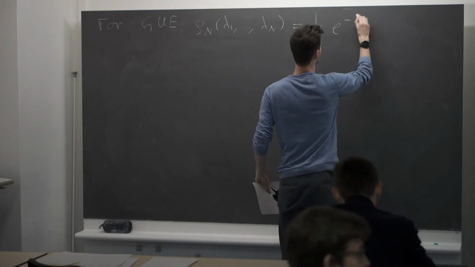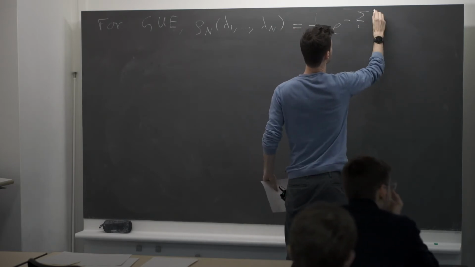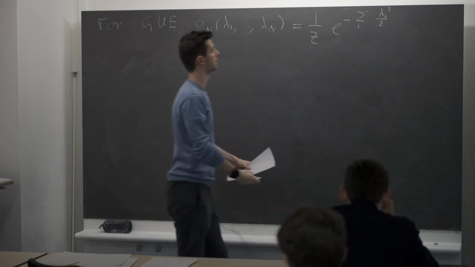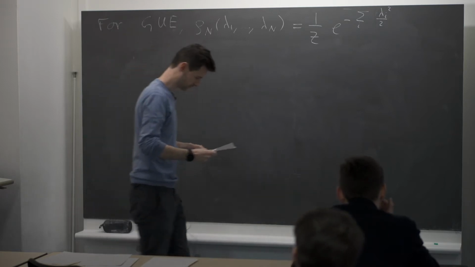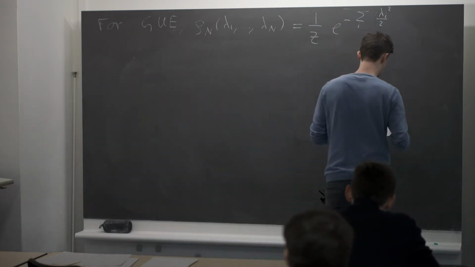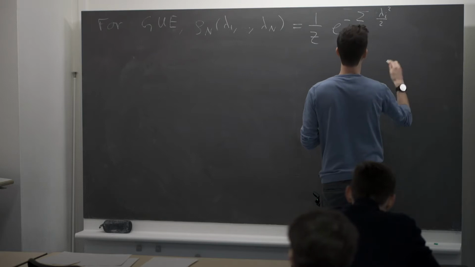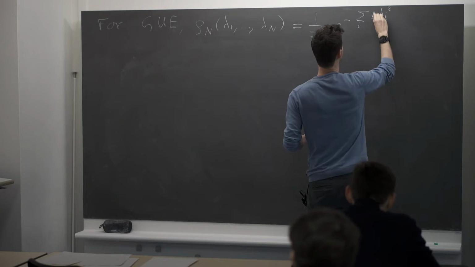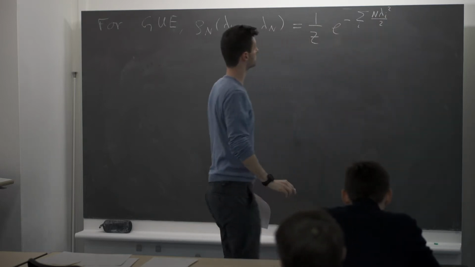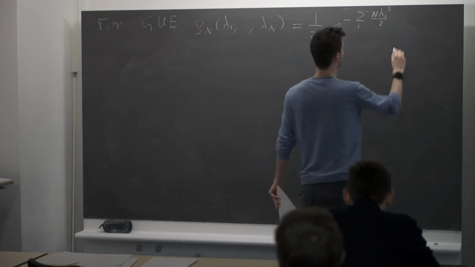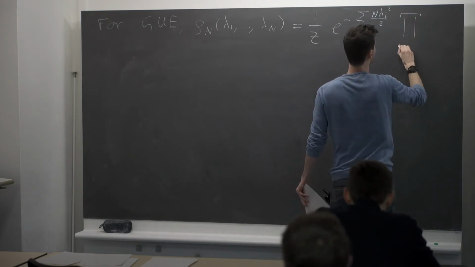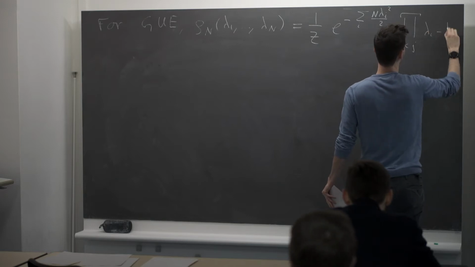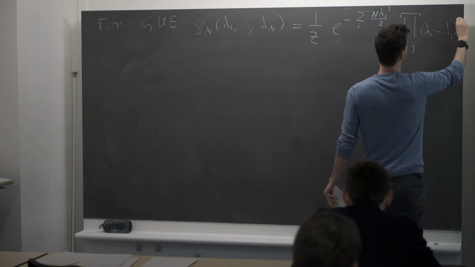And then I had e to the minus sum over these. I had a product of these Gaussians, and then I had a Vandermonde determinant. So in fact, for the GUE in the original normalization, I have an n, and then I had a product over i less than j of lambda i minus lambda j squared.